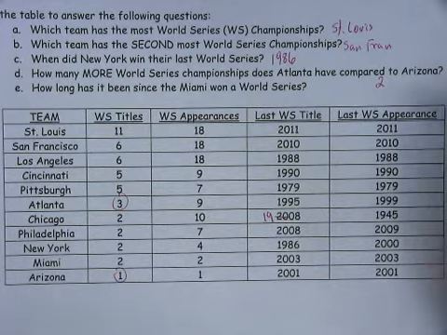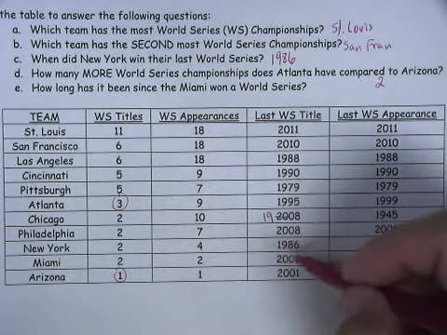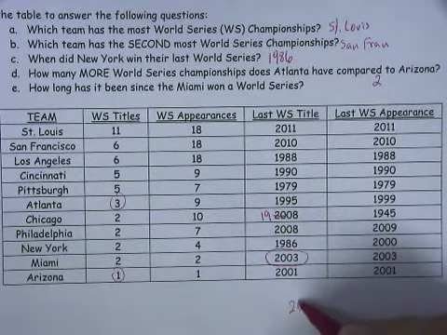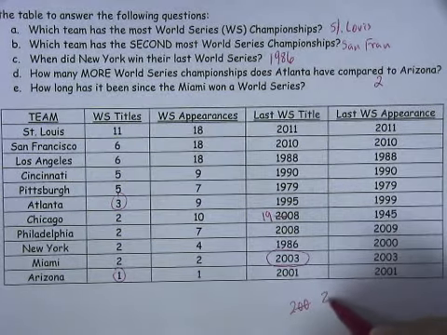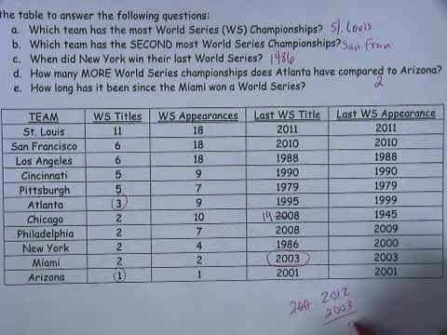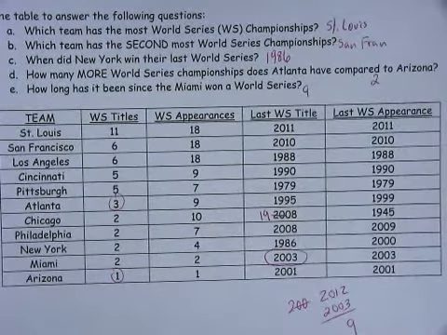How long has it been since Miami won a World Series? Let's go down and find Miami. The last time they won was in 2003. This is 2012, so 2012 minus 2003 gives us 9 years. It's been 9 years since they've won. Hopefully that'll help you out a little bit on charts and tables.